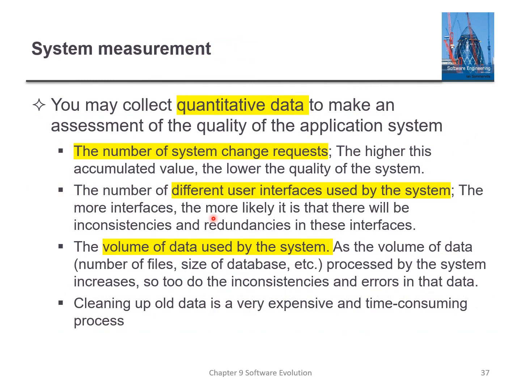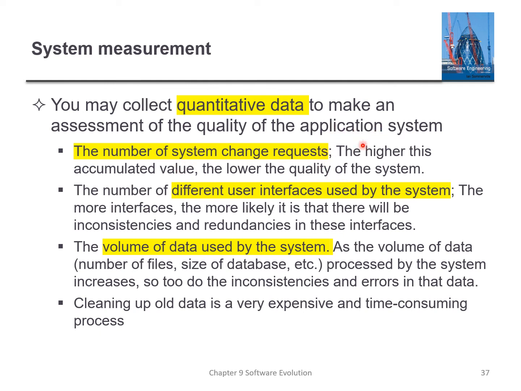And of course, when you want to do this assessment, you need to have some data to support it, right? So you need to collect some of this data ready so that you can make decisions from the numbers. Among the possible or suitable data that you can look for from this legacy system is change requests made.